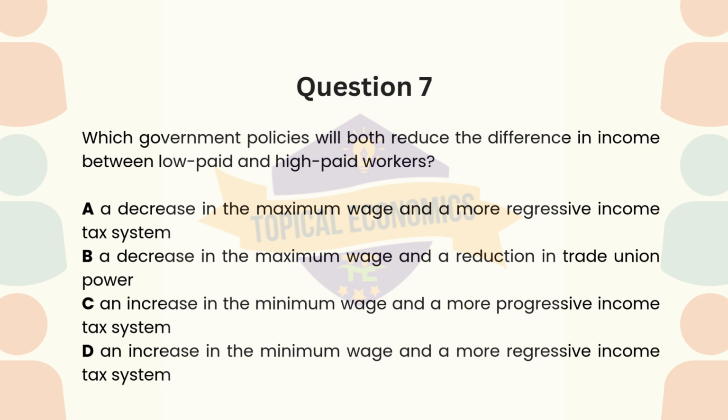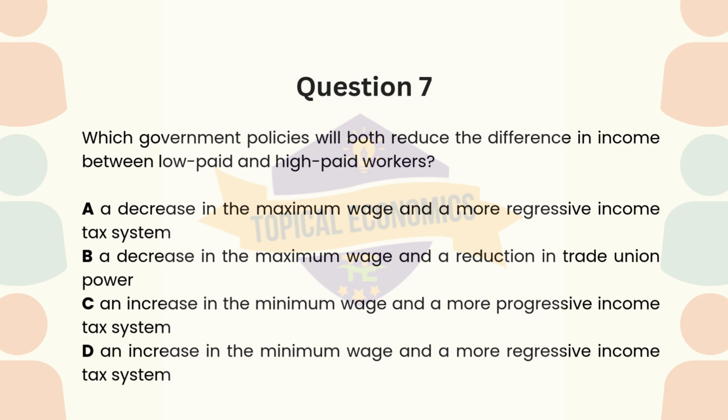Coming to question number 7, this is from October-November paper 2021, version 1. Which government policies will both reduce the difference in income between low-paid and high-paid workers? And the options are given. So let us look at option A, a decrease in the maximum wage and a more regressive income tax system.